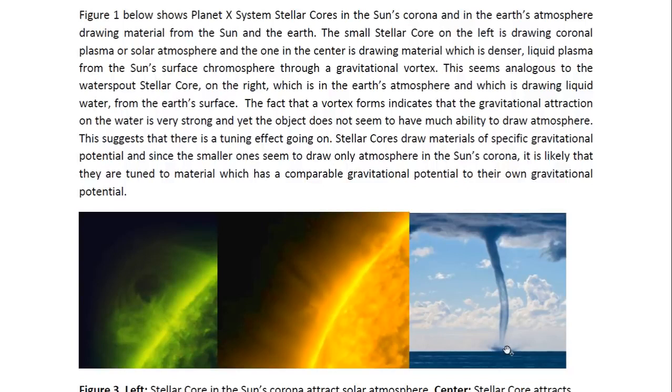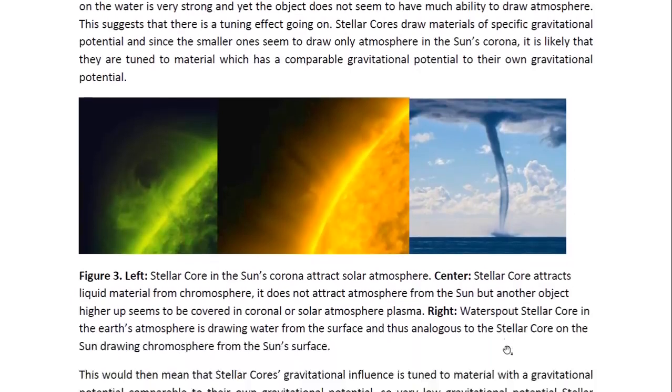The fact that a vortex forms indicates that the gravitational attraction on the water is very strong, and yet the object does not seem to have much ability to draw atmosphere. This suggests that there is a tuning effect going on. Stellar cores draw material of specific gravitational potential, and since the smaller ones seem to draw only atmosphere in the Sun's corona, it is likely that they are tuned to material which has a comparable gravitational potential to their own gravitational potential.